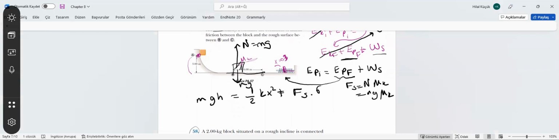Okay, what is the m? M is 10 kilogram. G is 10. H is 3. K is that one. X is 0.1 square.